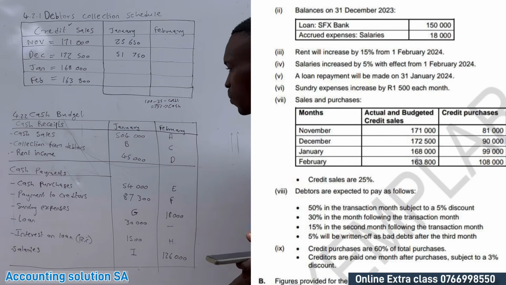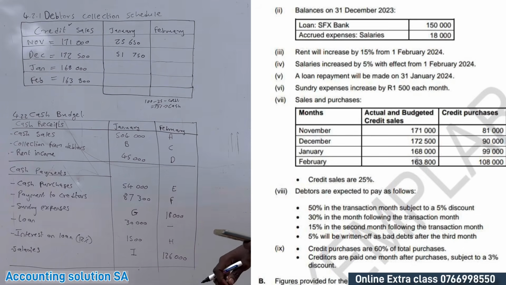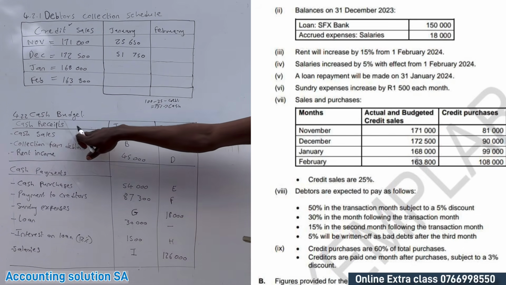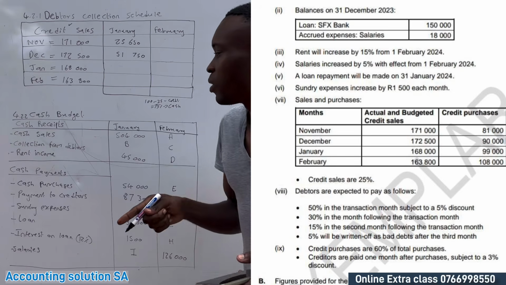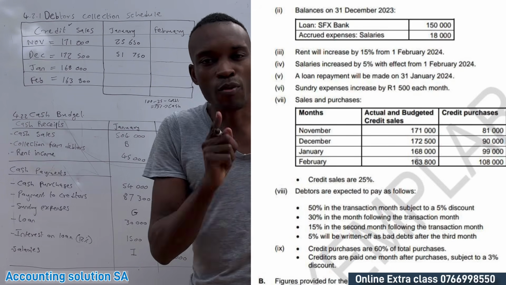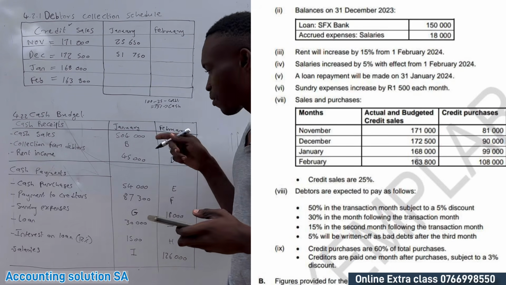Now because we have this percentage, we can calculate the cash sales, because we know the cash sales is 75%. Firstly, because they give you January, you must first prove January before you calculate February.